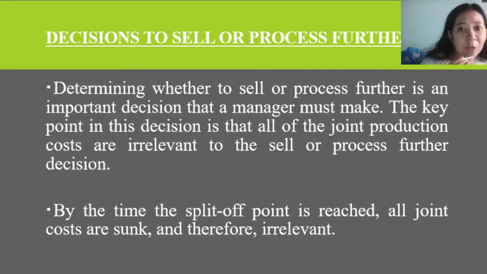Therefore, the joint production costs are considered to be sunk, meaning we have already incurred these expenses and we cannot recover them, and they do not have future benefits. The future benefits will be provided if we process further the product. That's why in this case, the joint production costs are considered to be irrelevant for this type of decision.